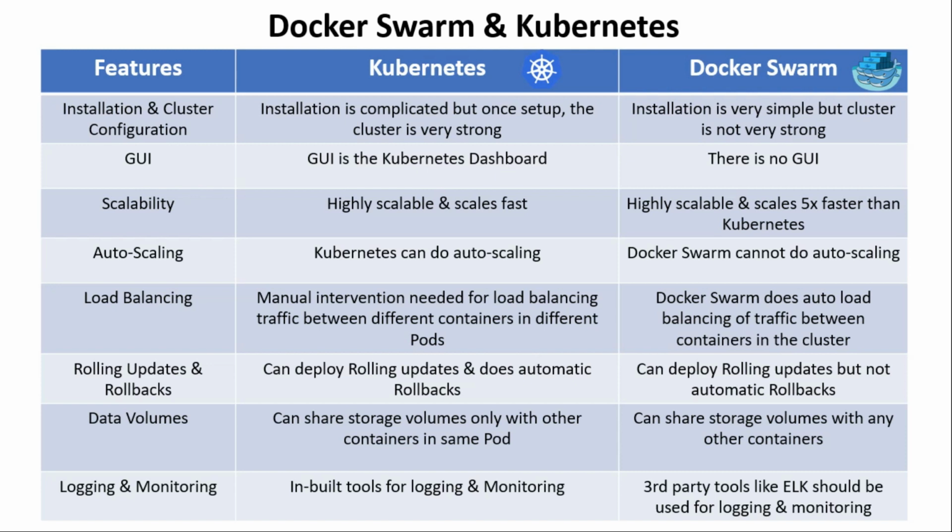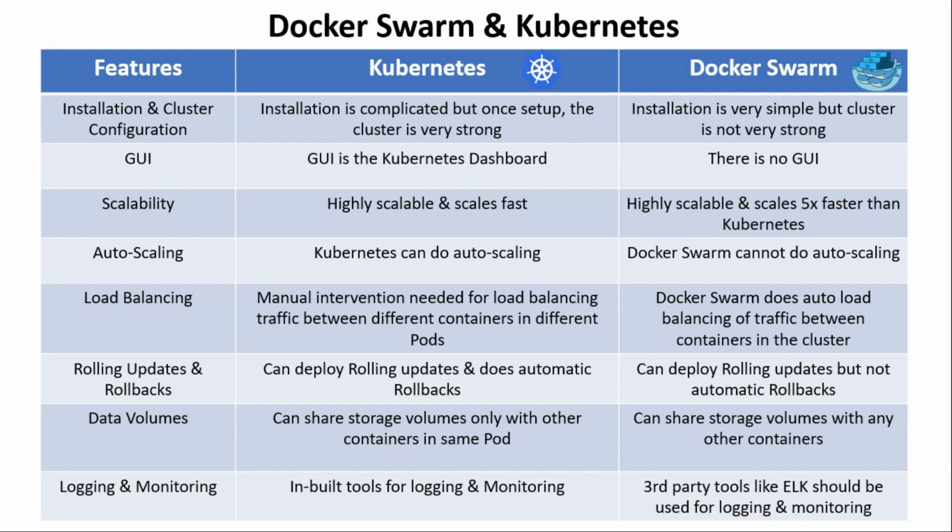Rolling updates and rollback: Kubernetes can deploy rolling updates and does automatic rollback. Rollback means if you have made some changes and they do not work properly, you can roll back to the previous version.